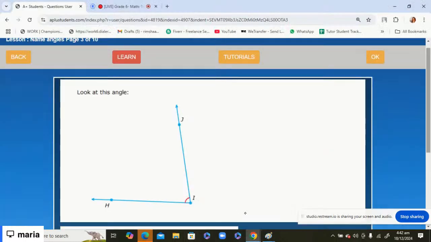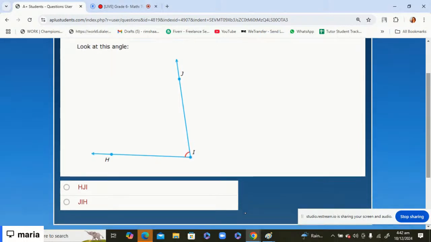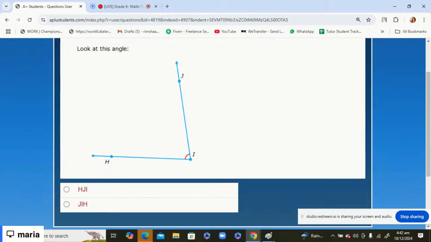Alright. So here, what is the right option? Look at this angle and then just tell me. H, J, and I. Now it's moving from H, then it's J, and then it's I. Now the second one is J, I, and H. Like in this way, in the sequence.